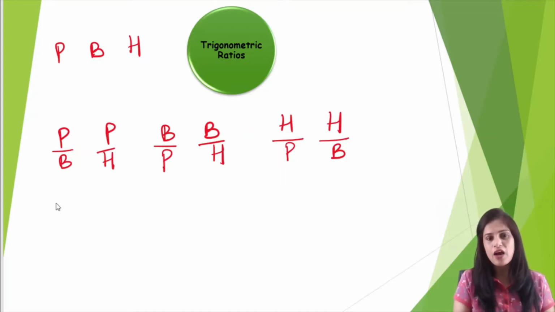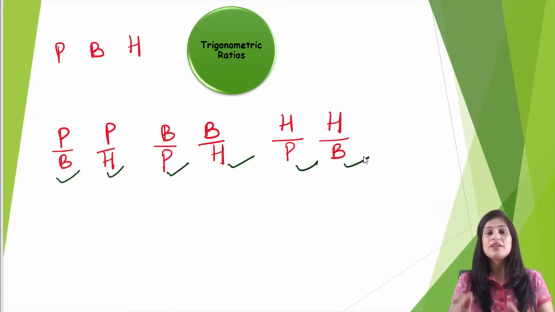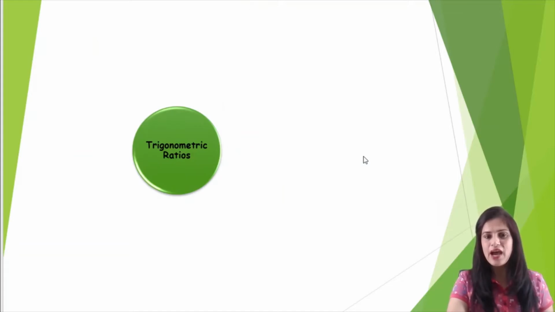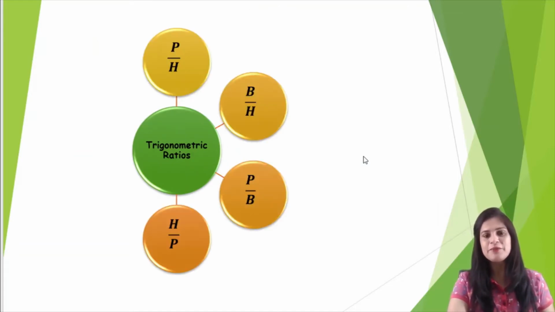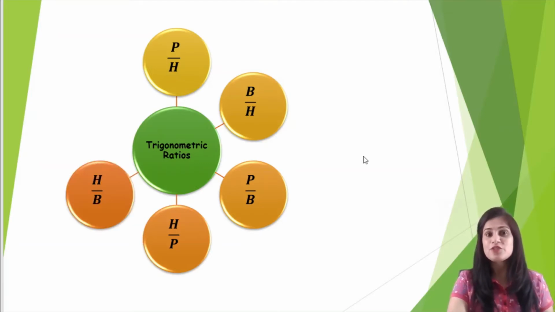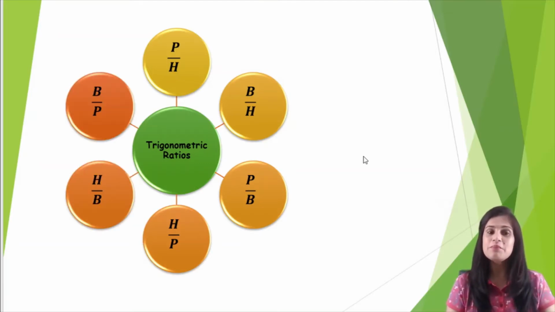And if we count, there are 1, 2, 3, 4, 5, 6. There are a total of 6 ratios, right? These 6 ratios in trigonometry are P by H, B by H, P by B, H by P, H by B, and the last is B by P.